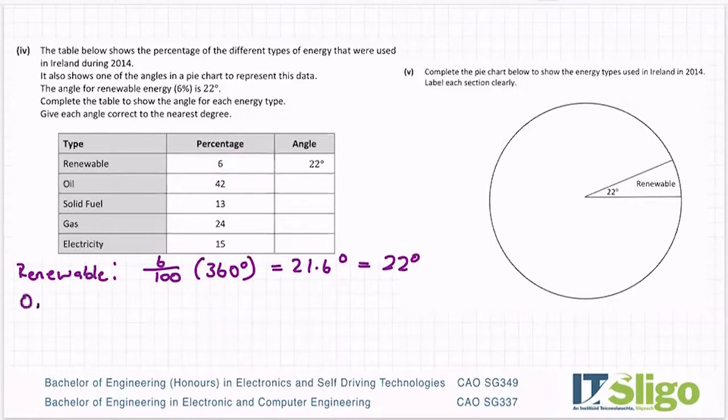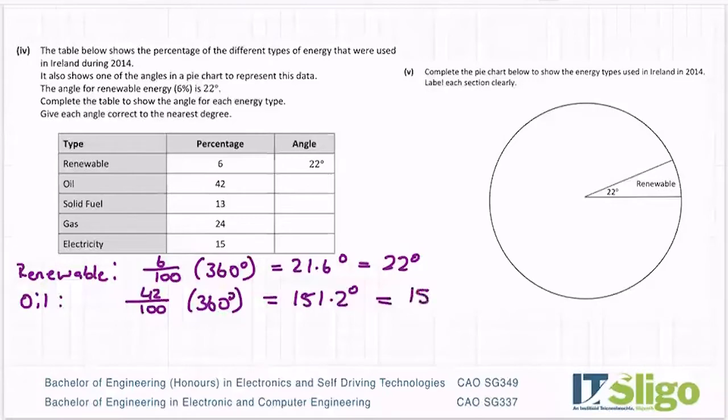So if we do oil next, that is 42 out of the 100% multiplied by 360, so it's nearly half. So I'd expect it to be up near the 180 degrees, not quite, but up that far. So I'm getting 151.2 degrees, so to the nearest degree, it's 151.